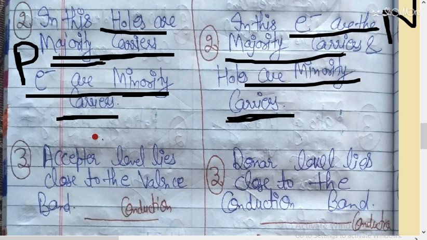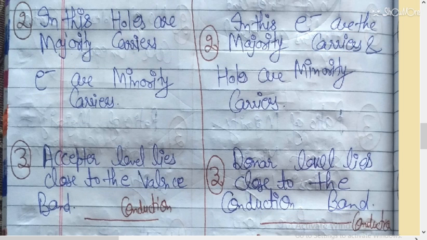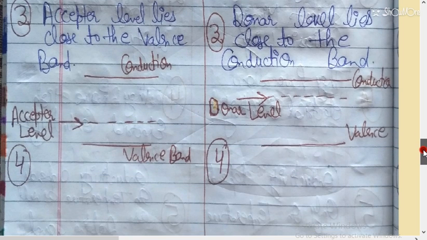And one energy level diagram we have also seen. Acceptor level lies close to the valence band. In n-type, donor level lies close to the conduction band. I think these points are already discussed, so I am just going through it.